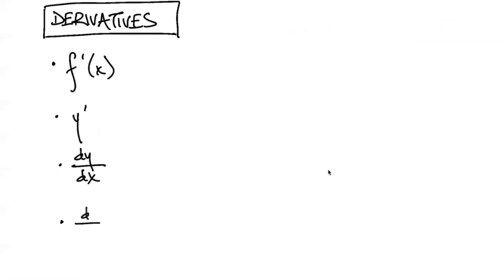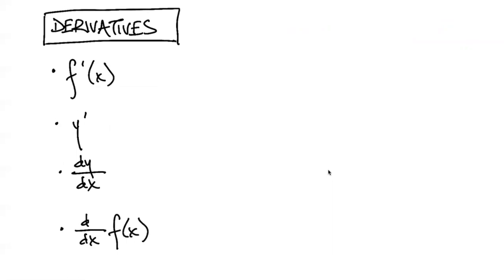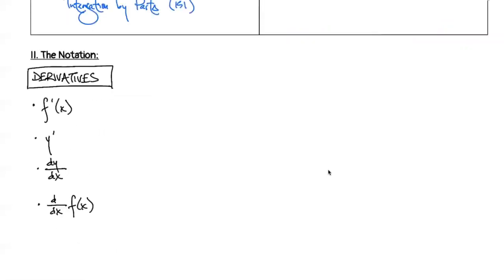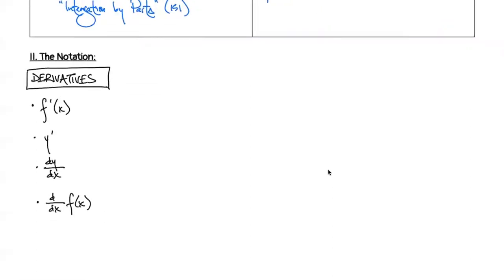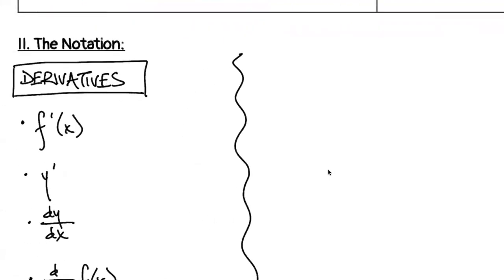Sometimes we write d dx of f of x. And you folks have done a really great job of saying, okay, all these different ways, I'm going to learn them all. I know what they mean. I've even gotten some great questions about like, are these all the same? Because every instructor has a different flavor. So what we want to do here is build a strong base where we can navigate between instructors and it's still going to be okay.